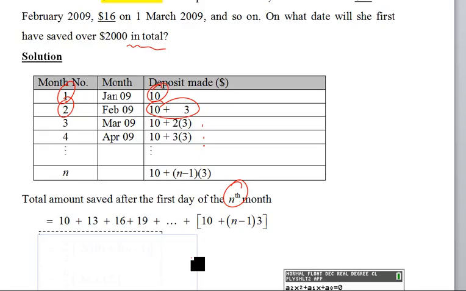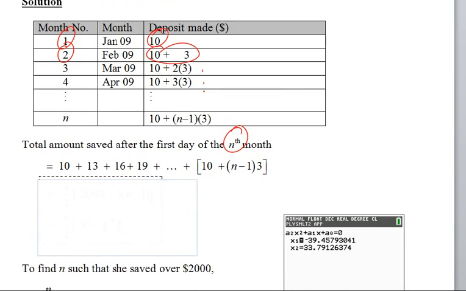You write this out. Of course, if you ask me whether it's absolutely necessary to write this out, I won't deduct marks. Actually, if you can observe from here, this is sum to n terms, just give me the formula, I'm fine. That means you give me this next step at least.